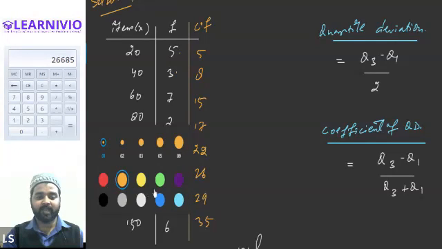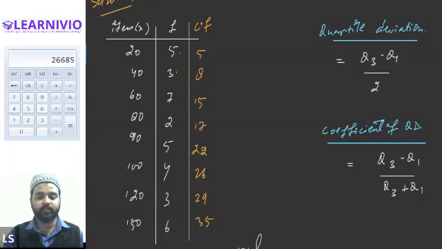Now just keep this in mind: the last item of the cumulative frequency indicates the total number of items in the series. So this 35 indicates we have 35 total items. How many items are there? 35 items. 35 indicates the n. We can cross check it as well. 20 is there how many times in the series? 20 is for 5 times.